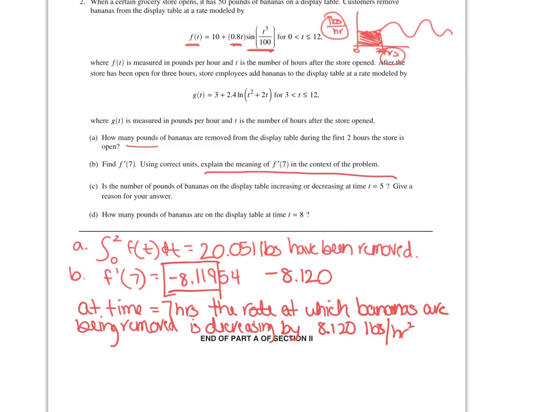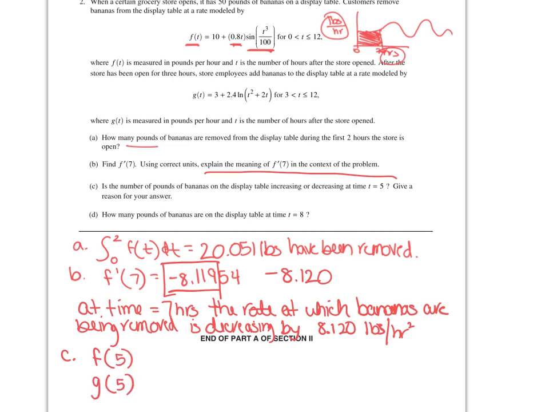All right, part C. Is the number of pounds of bananas on the display table increasing or decreasing at time equals 5? Give a reason for your answer. What we want to look at here is the function values at 5. So we're going to evaluate F of 5 as well as G of 5.